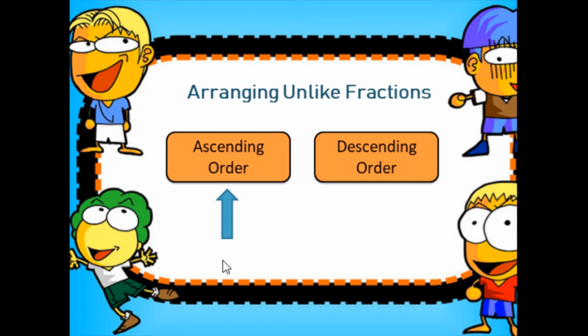Very good. It's going up. How about if it's descending order? Is it going up, going sides, or going down? Very good. It's going down. What is this? Everybody read. Ascending order. Good job. This one? Descending order.